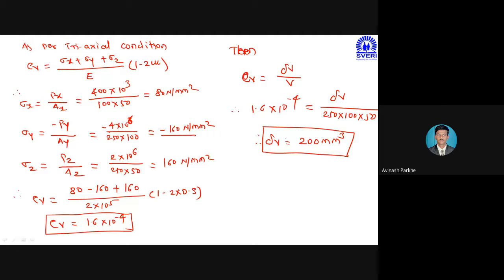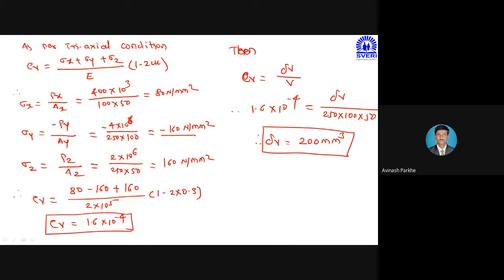Do the calculations and try to represent your final answer. Now it is sufficient, whatever change in volume we have calculated. EV is equal to 0.00016. It is also accepted, no problem, if you have written this particular value in decimal. 200 mm cube, change in volume, is the correct answer.